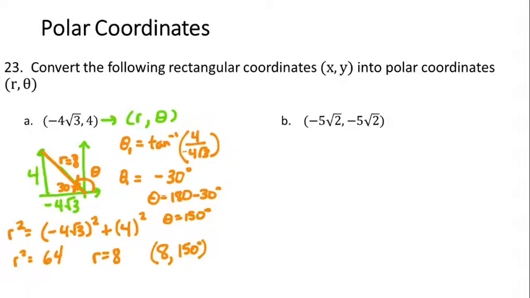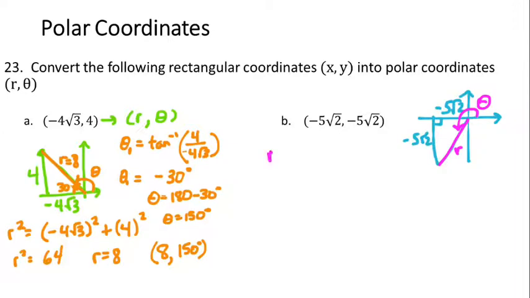All right, let's try this last one. I've got negative 5 square root of 2, negative 5 square root of 2. With both coordinates being negative, I know that this is going to be in the third quadrant. So I'm going to draw a third quadrant triangle. Negative 5 square root of 2, negative 5 square root of 2. And again, we need to find r, which is going to be this distance here, and then theta, which is the angle all the way around to that terminal side.